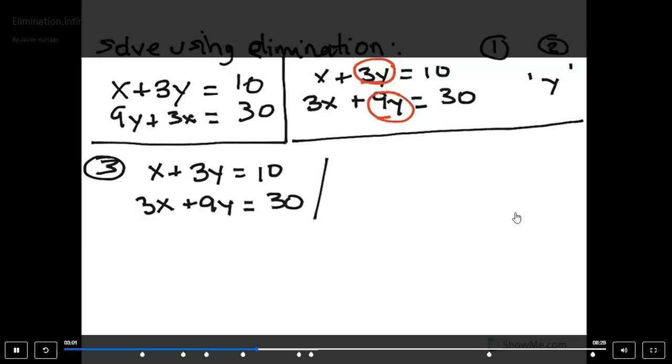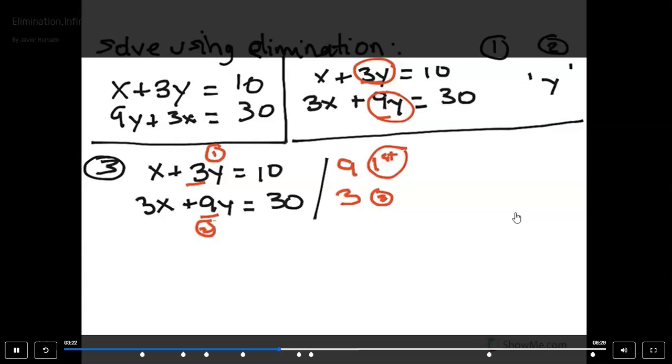The y variable has 3 and 9, and then I'm going to switch. This 3 is the coefficient of my first equation, so I'm going to write it and multiply my second equation. The 9 is the coefficient of my second equation, so I'm going to write it and multiply my first equation.